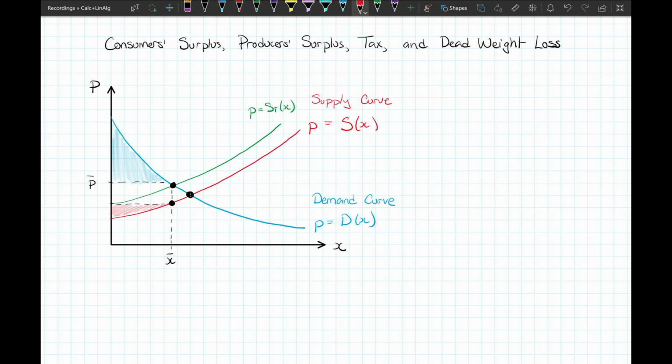So you might be asking the question now, what about all that additional area? Well, the difference between the price that the suppliers are receiving in revenue and the price that the consumers are paying for that product, that particular portion of the price is being collected by the government in tax.